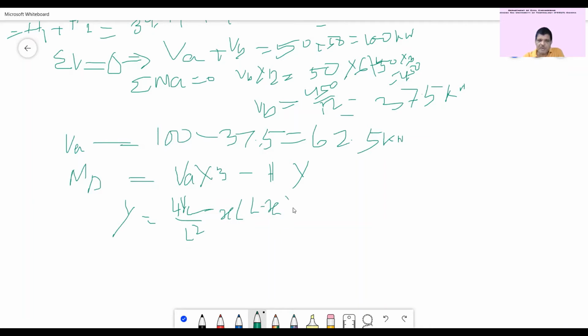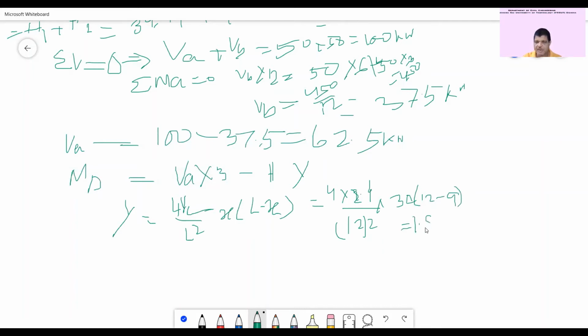YC is given as 2.4 meter, and L square is 12 square. Then X is equal to 3 meter, then 12 minus 3. You calculate it, and it comes out to be 1.8 meter.